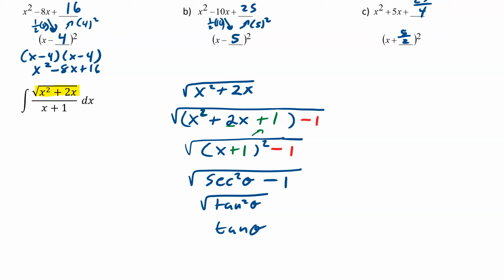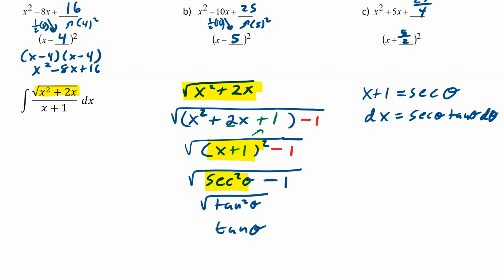Now that means that if you do our little highlighter here, you can see that our x plus 1 is equal to secant theta. And then that's our substitution now. So dx would just become secant theta tan theta d theta, and we can plug all of this in.